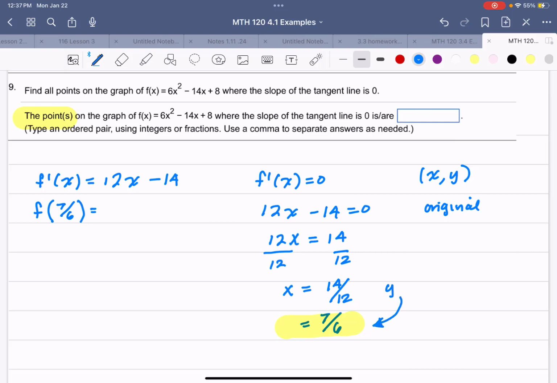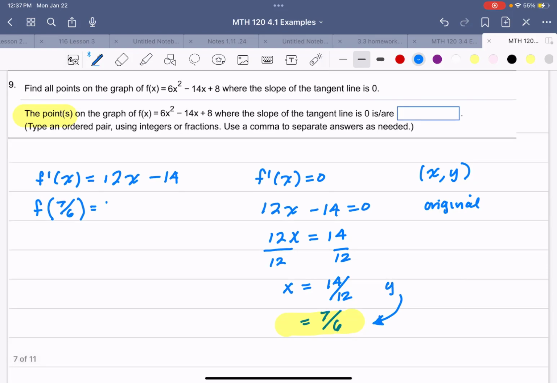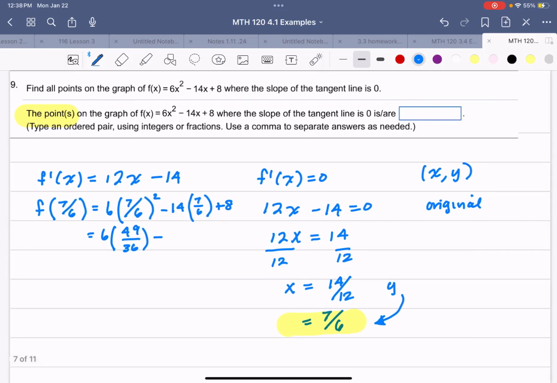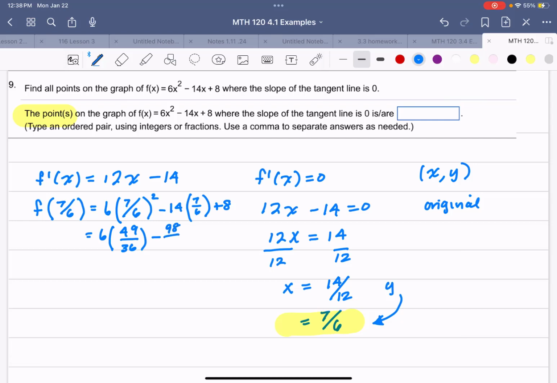So that's the original function. So it's 6 times 7/6 squared minus 14 times 7/6 plus 8. So that's 6 times 49 over 36 minus 98 over 6 plus 8.